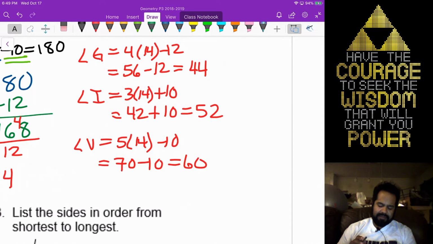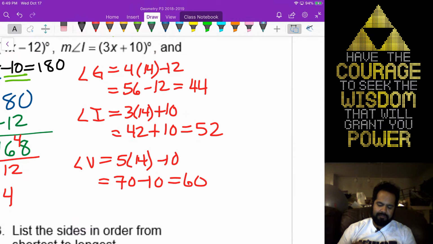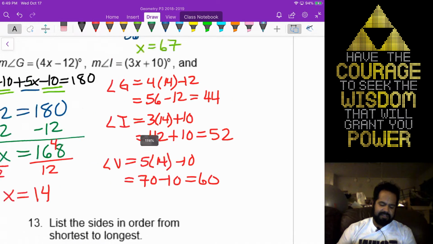Okay, so why do I feel like that's wrong? Yeah, that can't be right. Yeah, those 3 angles don't add up. Wow, this is kind of embarrassing.